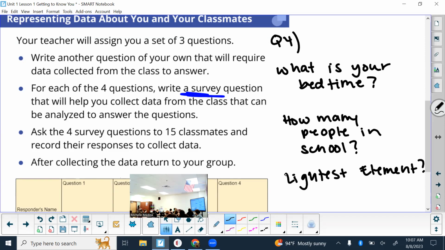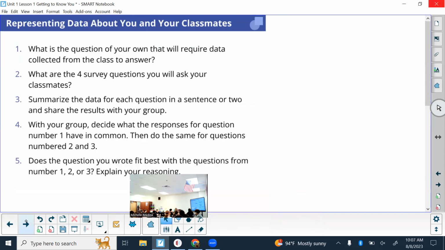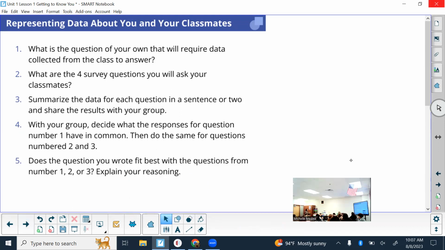So we'll come back to these question 4s. If you flip your paper over, you'll see some of these questions and you'll answer them on the back of your paper. You already did the first 2 because you already surveyed your questions. These ones are printed on your paper. It might just say 1, 2, 3, 4.